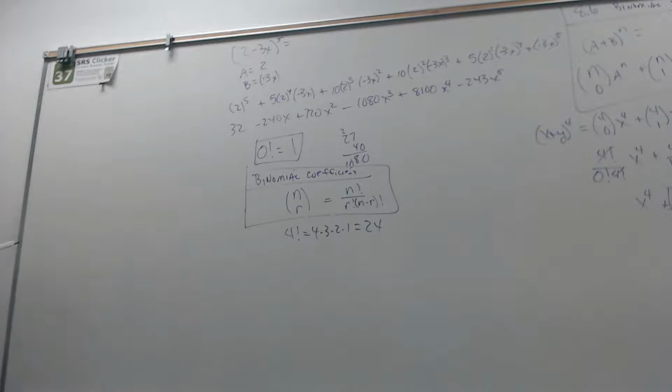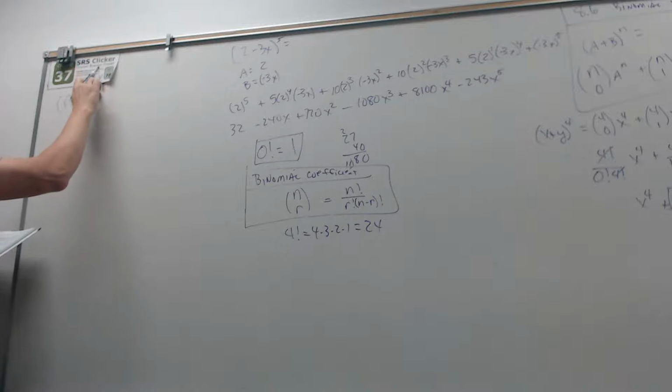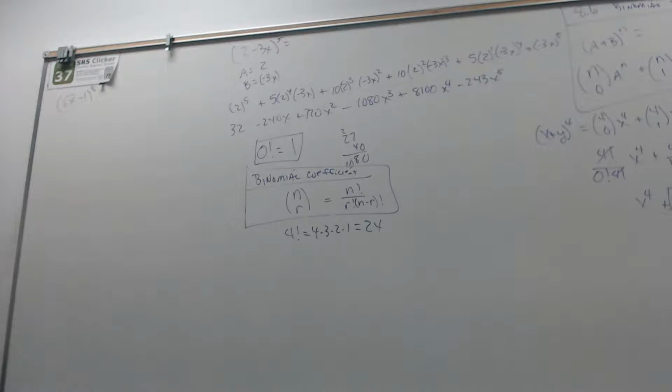What if I said I want you to do the square root of x minus 1 to the 8th power? Do you want to do it, Spencer? Yeah, I want to try.